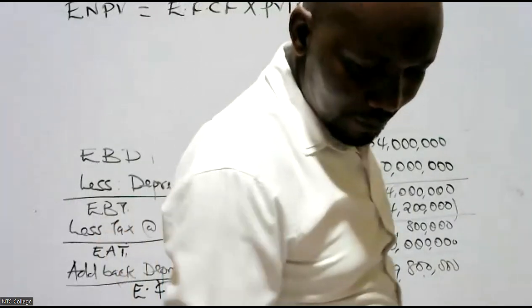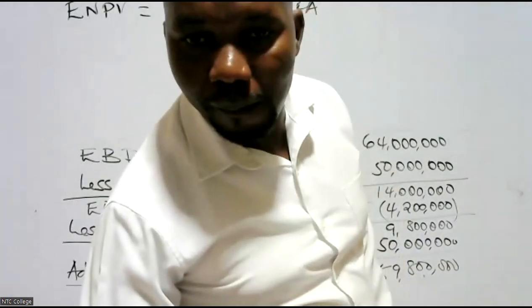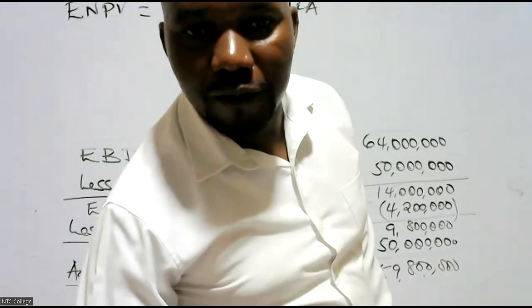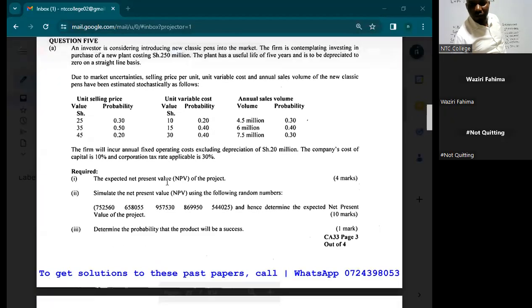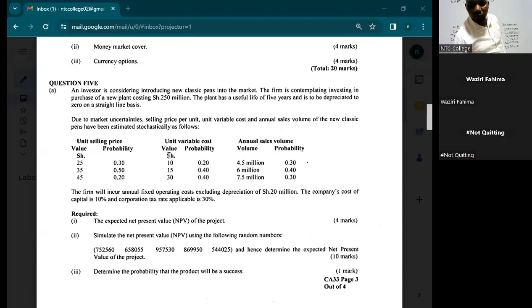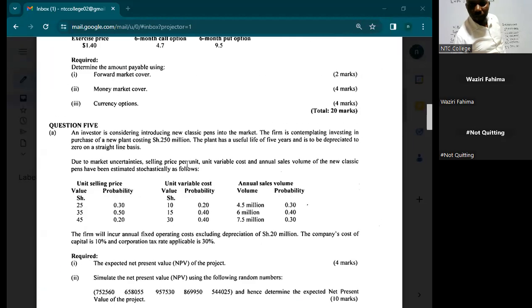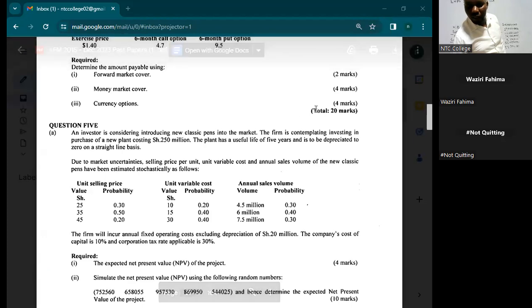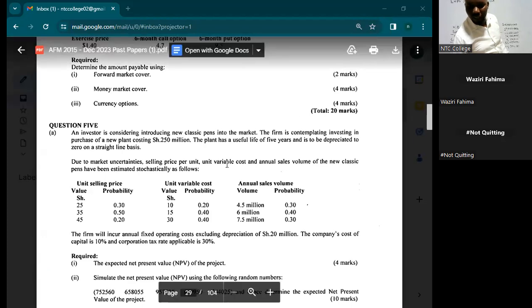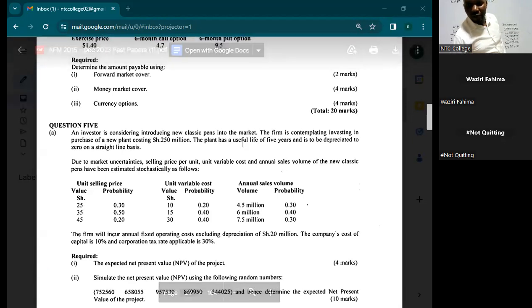The rate was given to us. Very, very fast, we only have 1 minute. Did they give us a rate? If they don't give us the rate, we just return it to them. 10%, thank you. So 5 years, 10%.